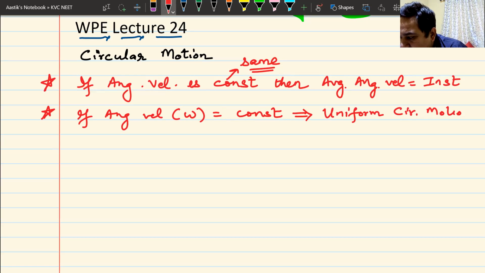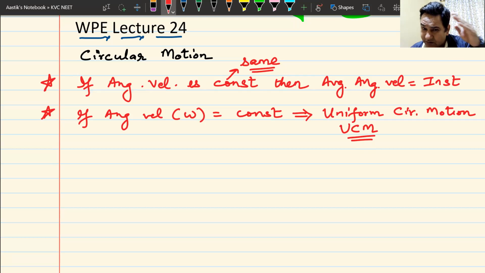I hope you have heard this term, uniform circular motion. In short, it is known as UCM. Do we understand this? If your angular velocity is constant, then your motion will be known as uniform circular motion. It is the same as, if your velocity is constant, your motion is known as uniform motion.